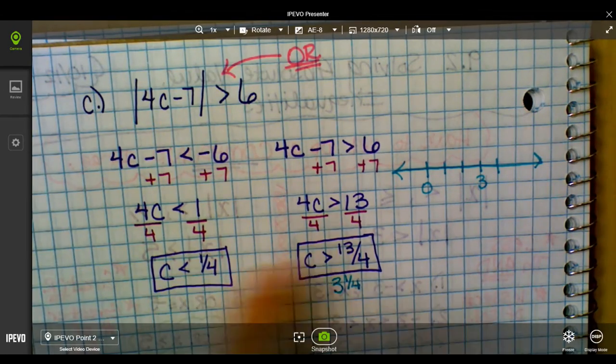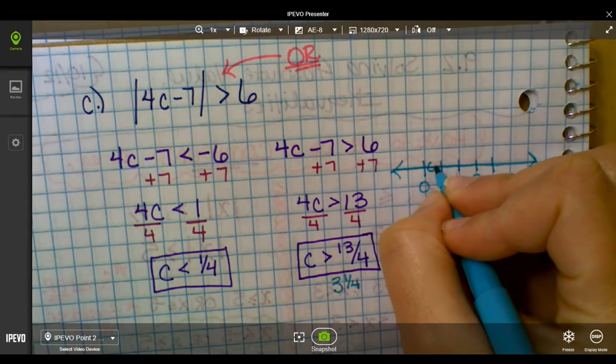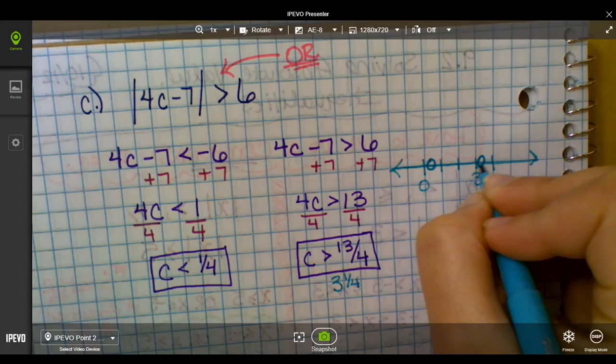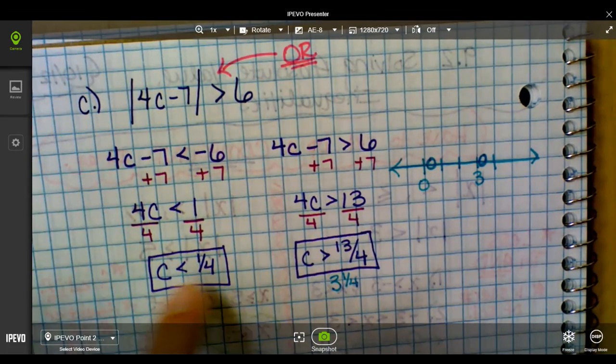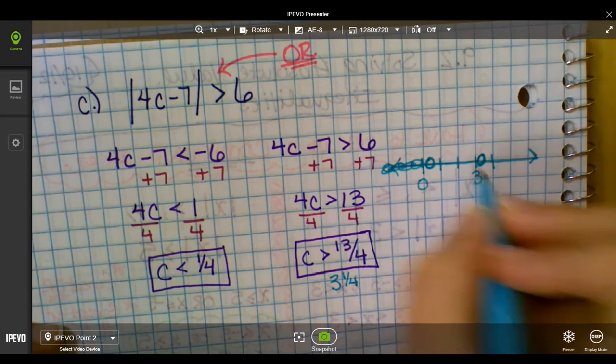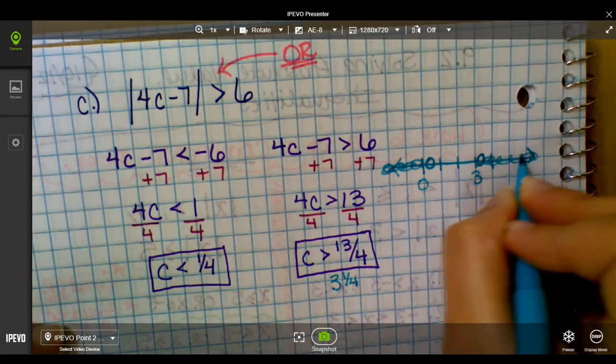And both of these do not have the equal to signs underneath them, so they're both going to be open circles. So 1/4 is going to be somewhere over here, 3 1/4 somewhere over here. And then I want everything that is less than 1/4. So I'm going to shade out this way. And I want everything greater than 3 1/4. So I'm going to shade out this way.